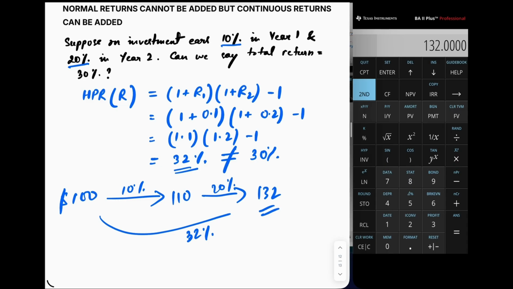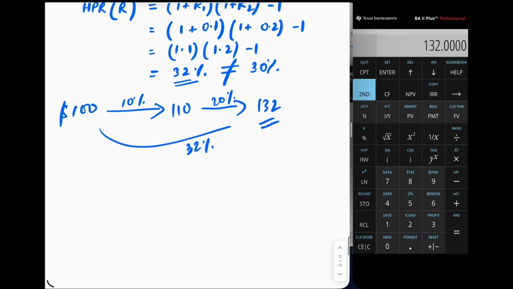Hope it is clear. And what about continuous return? How do I calculate continuous return? Can I add this continuous return? Let's check. For year 1, continuous compounding would be, you remember the formula, log of 1 plus R1.